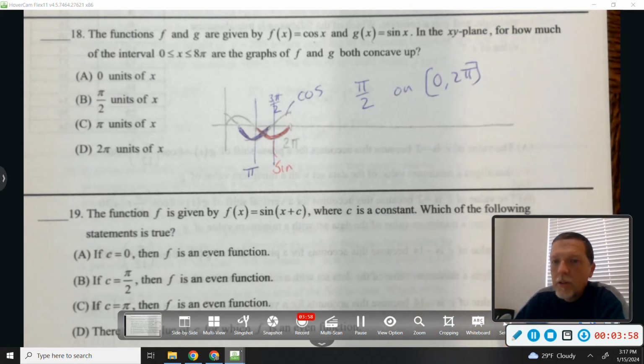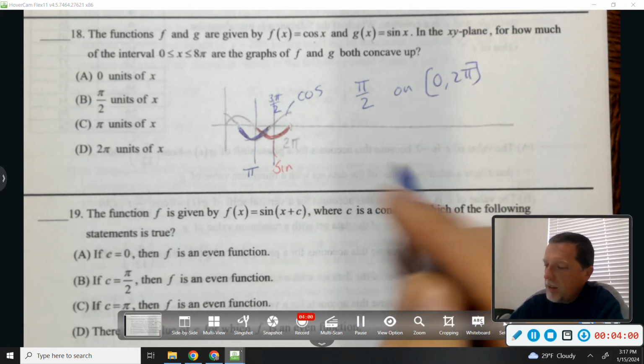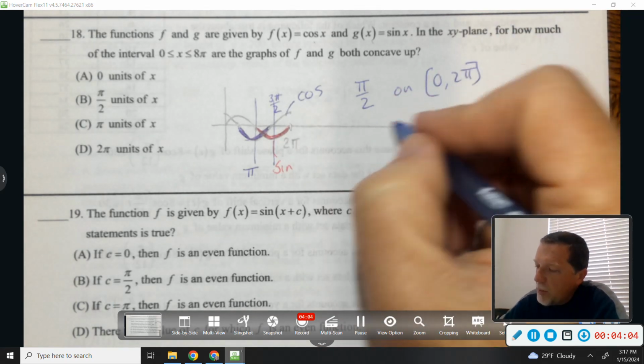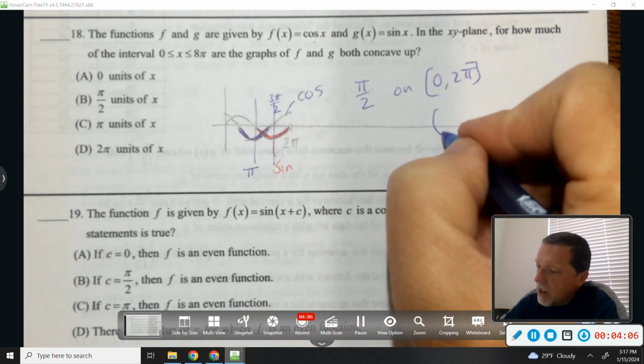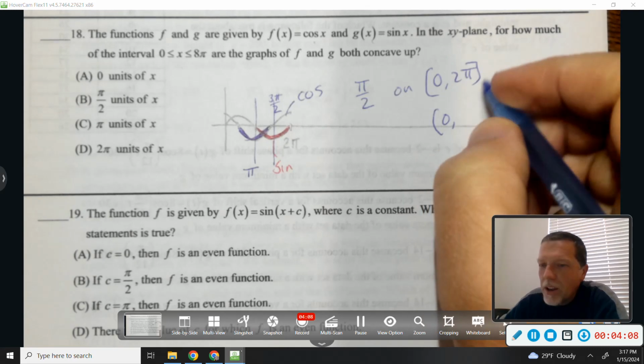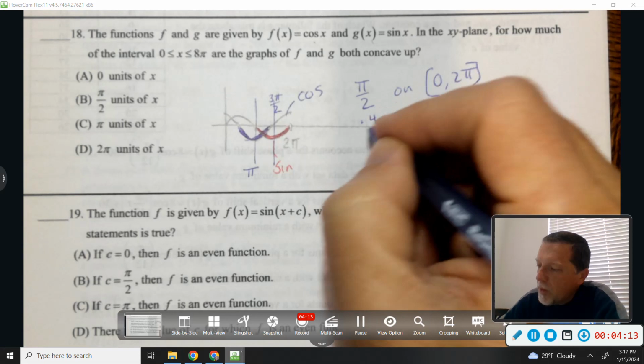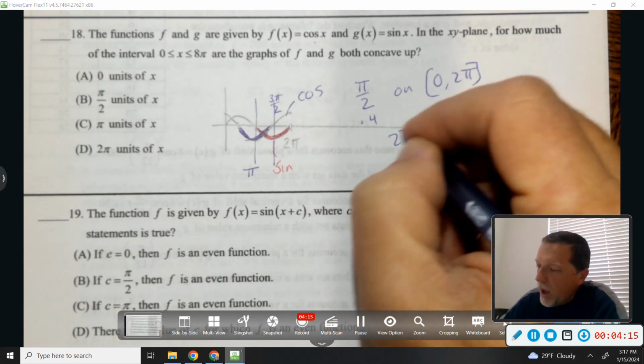If I want to go 0 to 8 pi, then rather than sketching this whole thing out, I'm going to multiply by 4. If I multiply pi over 2 by 4, that would get me 2 pi.